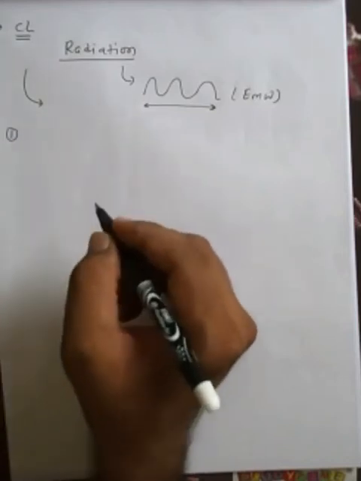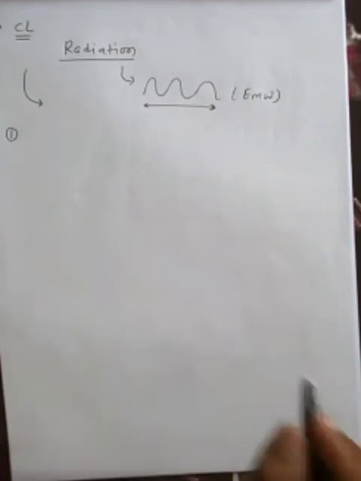So let's see what the scientists thought at that time. They used the classical approach to understand these results. I will discuss them one by one.